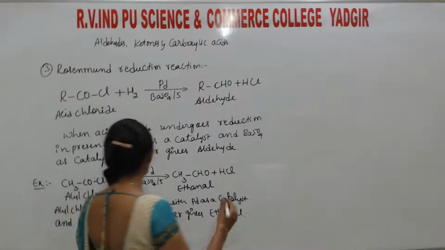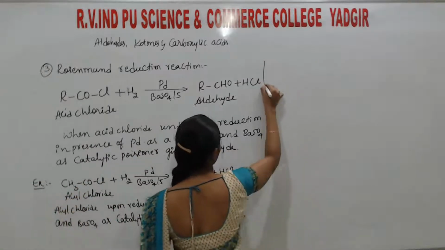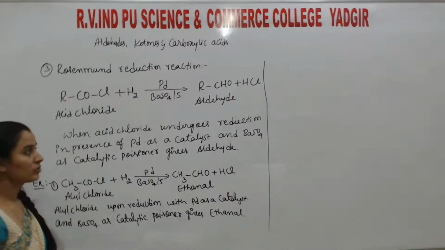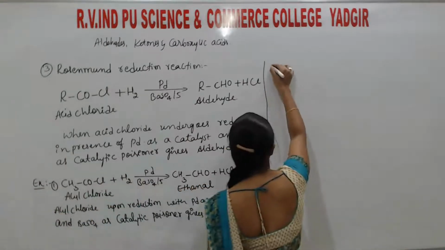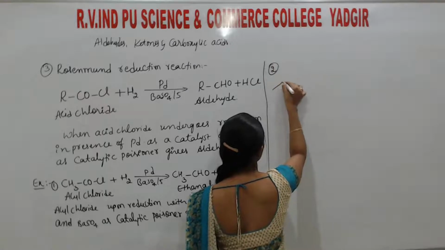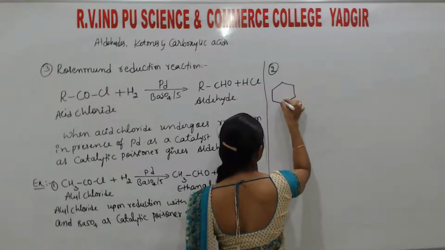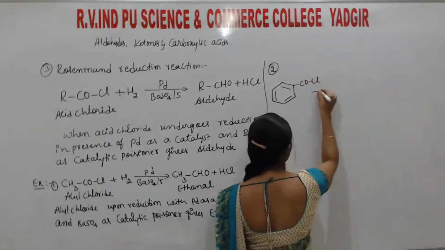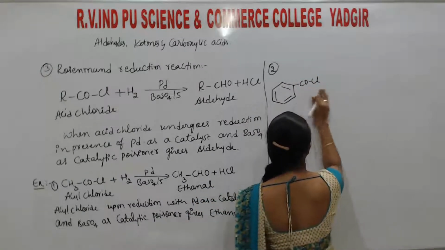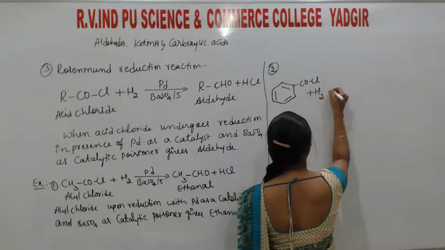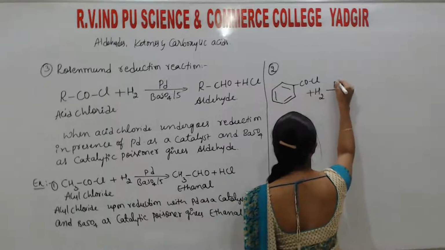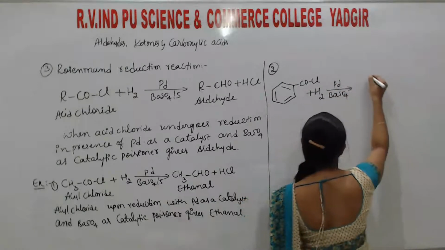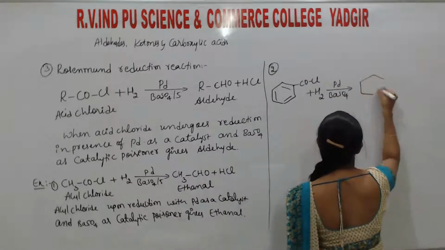Okay, next. So here I am taking example 1 with what? Aliphatic compound. So here I will take an example of aromatic, meaning this benzoyl chloride, which gives what?